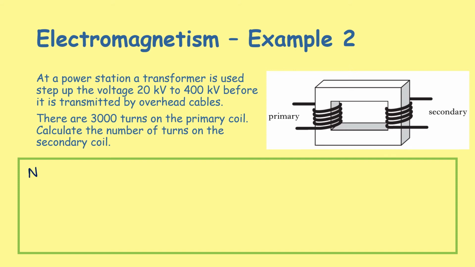So again, NS, NP, VS and VP. Looking at our question, we want to work out the number of turns on the secondary coil. So that's where we put our question mark. And we have 3,000 turns on the primary coil. Our secondary voltage is 400 kilovolts and our primary voltage is 20 kilovolts.